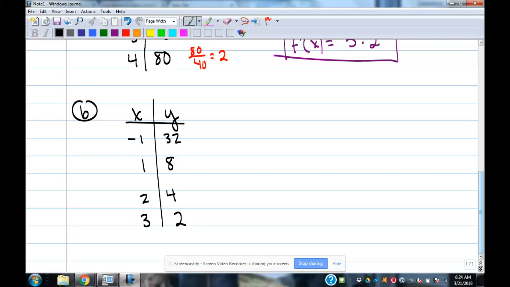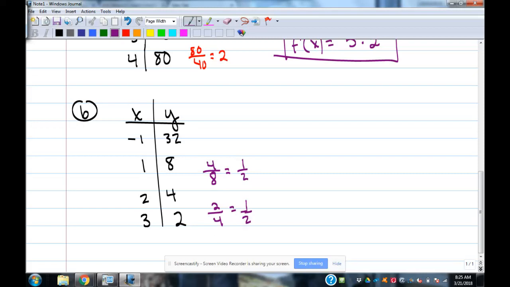If it's the same for these 2 sets, then it's probably going to work after that. Not too many functions work that way. So take the second one divided by the next one, so it's 4 divided by 8, and then 2 divided by 4, which both reduce to 1/2.